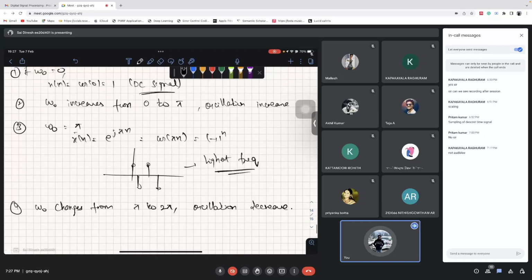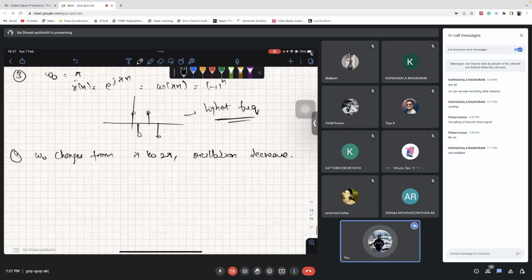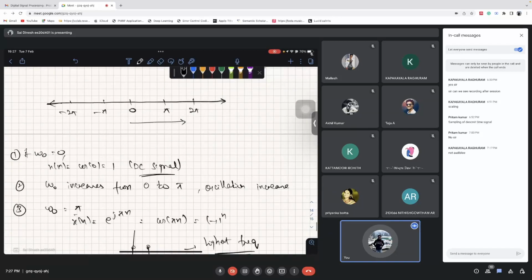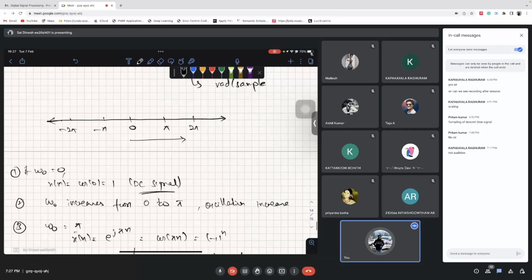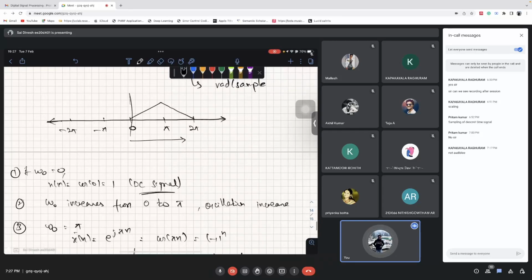But here, discrete time is so beautiful that it is restricted to a certain range. Until this point it is increasing, but then from here it is again decreasing.